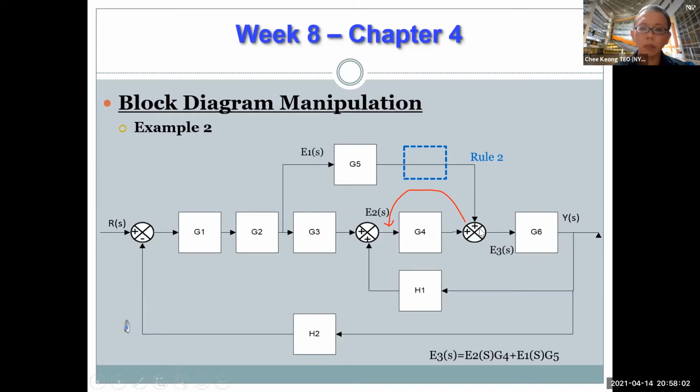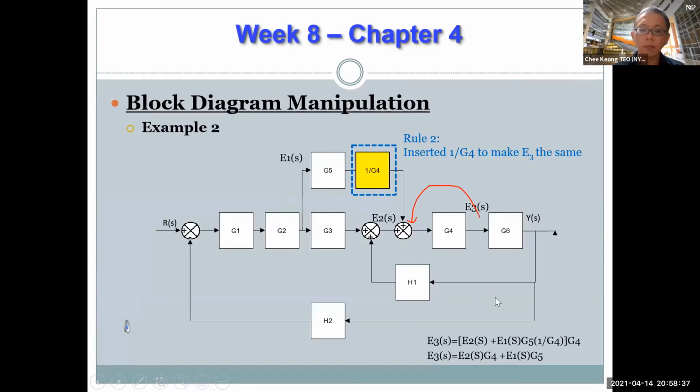So basically, the first step taken here to simplify the crossover of the loops is to bring the summing point here to the back of G4, because the signal is flowing from here down towards the output, right? Rightfully, at first, when it goes down here, it just sums and then goes out. It doesn't go through G4. Now, if you move it ahead, then it will go through G4, then go to the output. So therefore, you have an additional G4. So here, you must insert a 1 over G4.